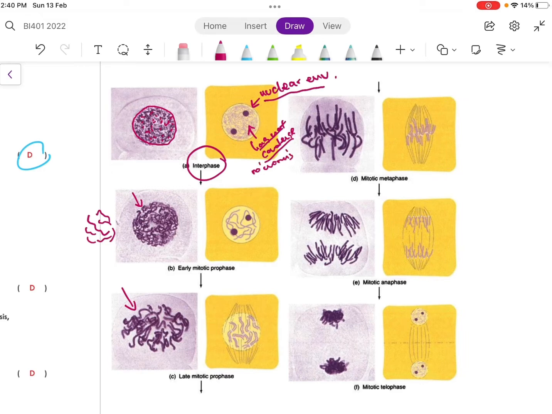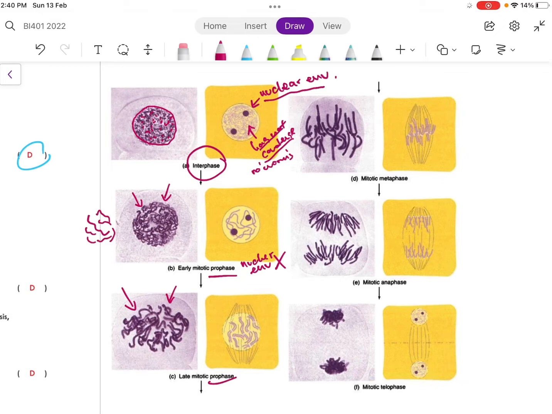Number 2, how do we identify prophase? In prophase, one of the things you have heard is that the nuclear envelope starts to disintegrate. Now we look at this over here and this over here. Notice that the nuclear envelope no longer exists.